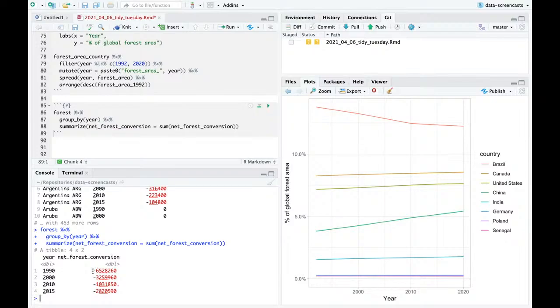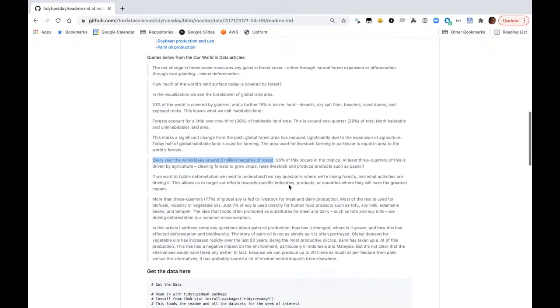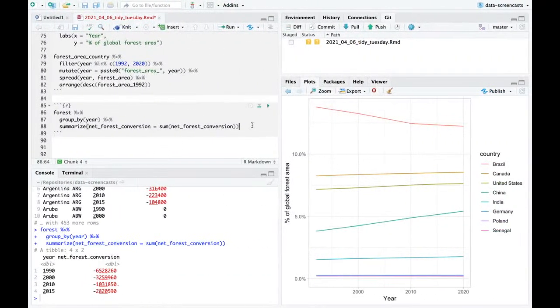So this is the net conversion per year. It's not cumulative relative to the previous amount or anything like that. It's not the total. It's how much deforestation happened in this year. Okay, yeah, now I think I understand this data model, and we can start answering questions about it.